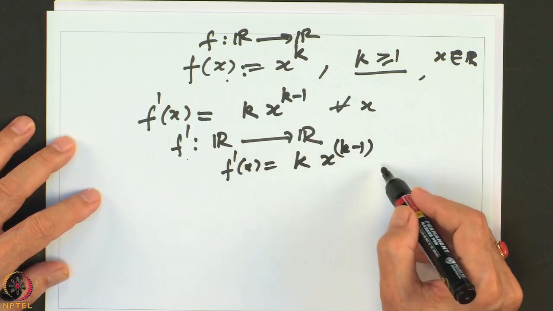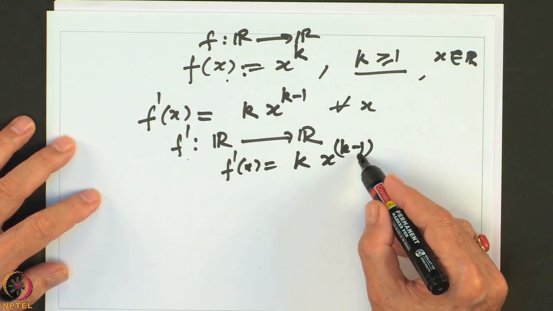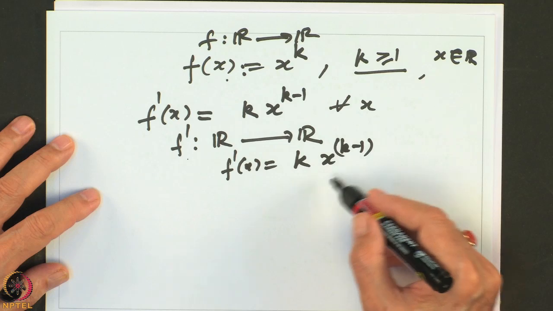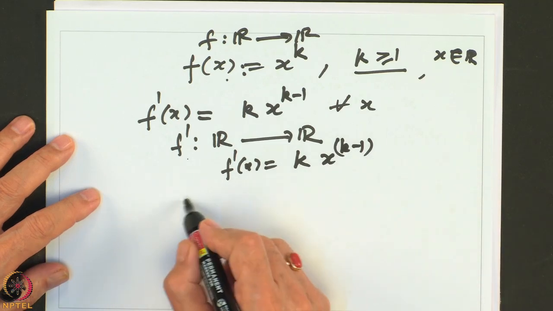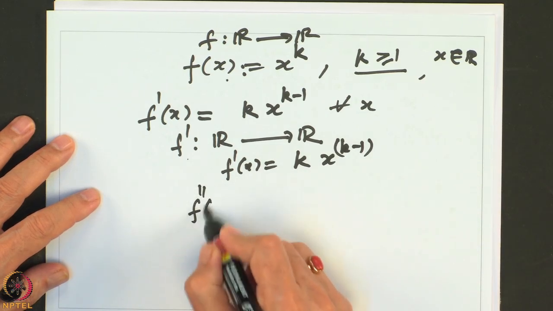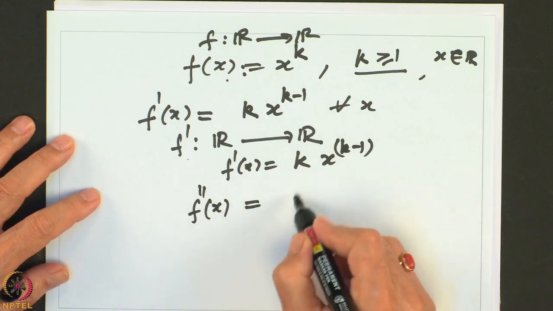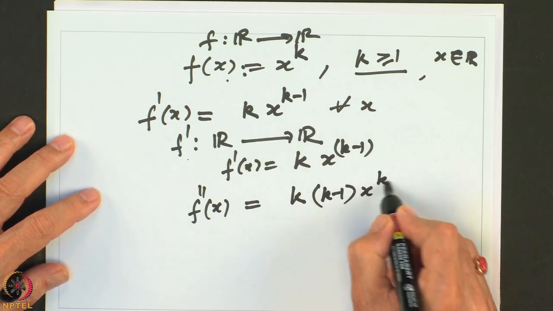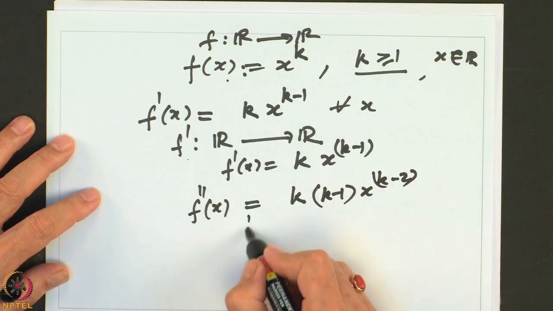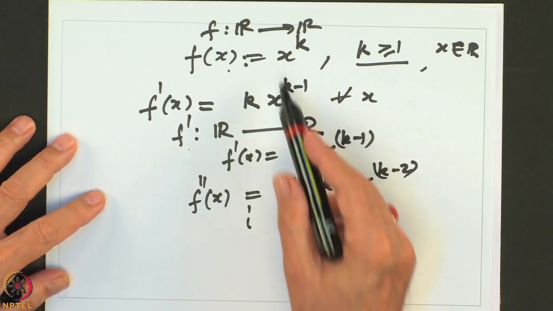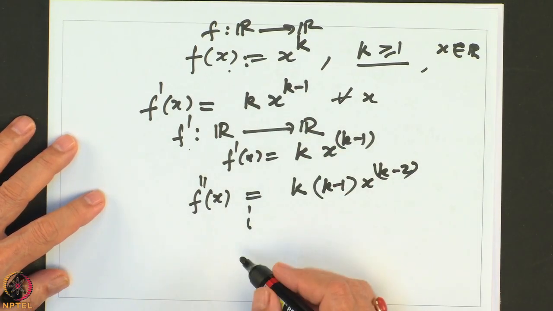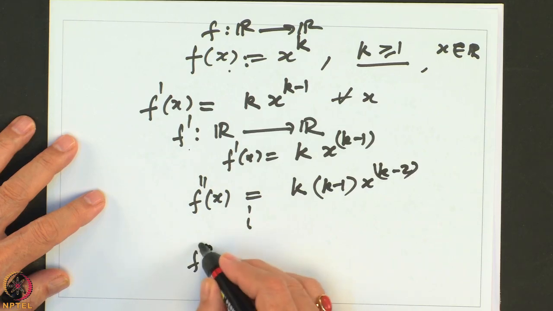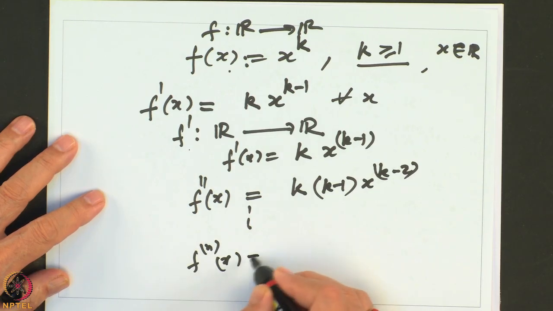Now once again this will be differentiable, since k is bigger than or equal to 1, and what will be the derivative of this function? It will be k(k minus 1) x to the power k minus 2, and so on. So this will have derivatives of every order, until you reach f^n(x), which will exist.